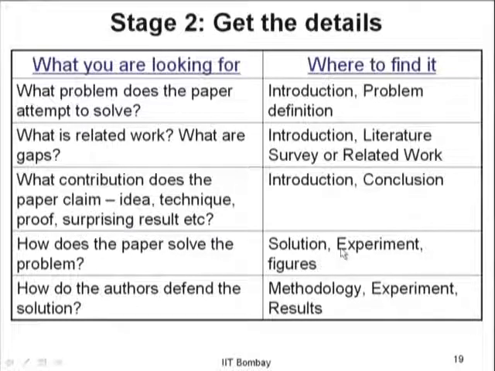This section can have one of several names: solution, experiment, system, implementation. Different papers call it by different names based on the context, but most of the times it comes in the middle part of the paper, after the introduction and before the conclusion.